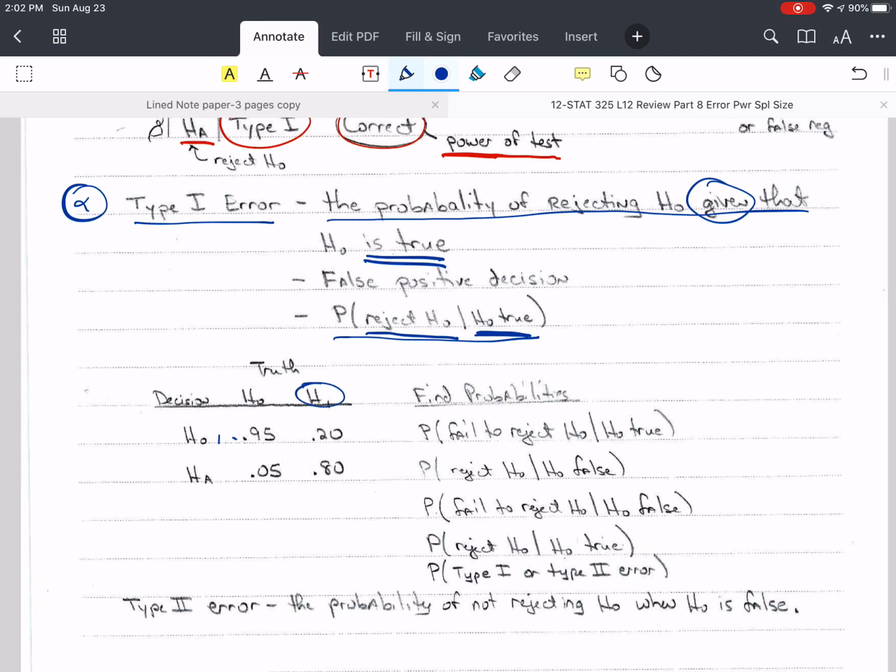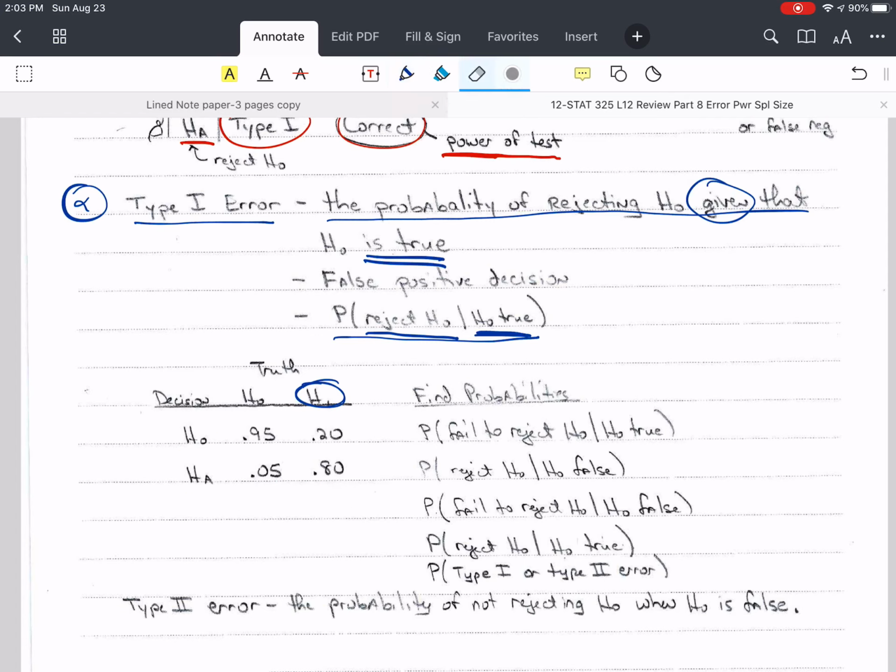Under the fact that HA or H1 is true, notice that these add up to 1. Given that H1 is true, we can either fail to reject H0 or reject H0. So if we want to find the probabilities, the probability that we fail to reject H0 given that H0 is true.